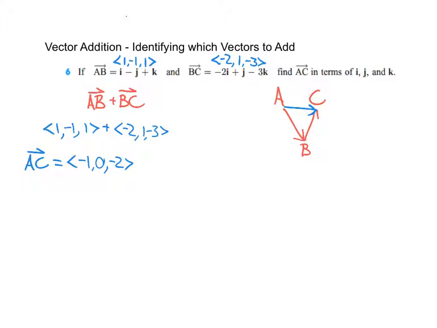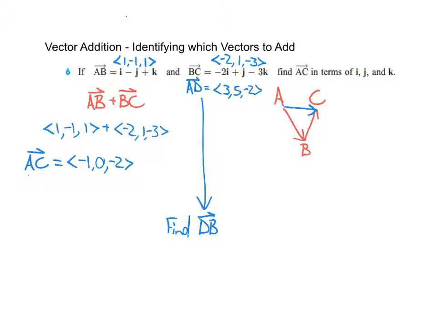There will be times where you may have to rewrite one of these. Okay? For example, let's say I was given vector AB, but then I was given vector AD. If vector AD was, say, the vector 3, 5, negative 2, let's say I wanted to find vector DB.